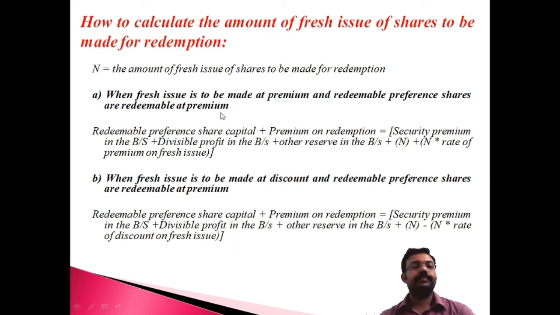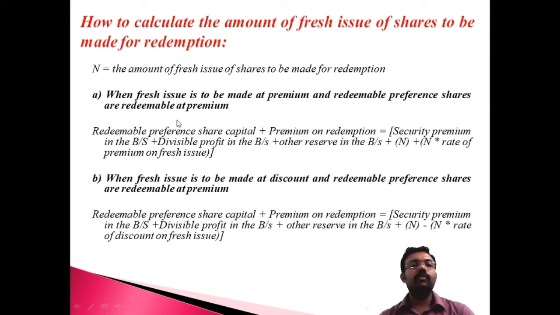In this situation we use the formula: redeemable preference share capital plus premium on redemption equals securities premium in the balance sheet plus divisible profit in the balance sheet plus other reserves in the balance sheet plus n into rate of premium on the fresh issue.